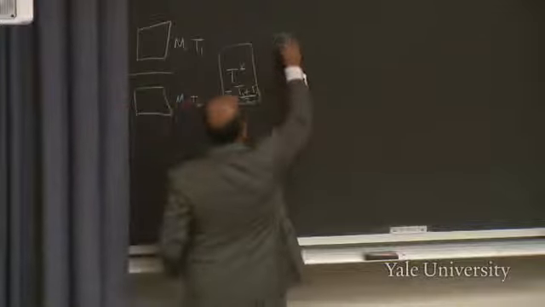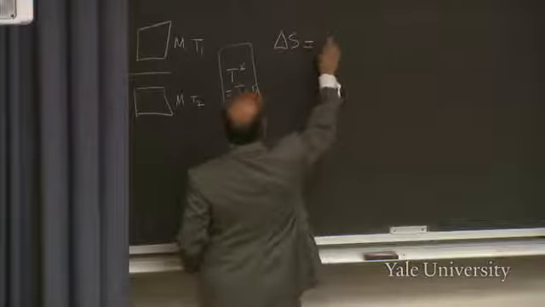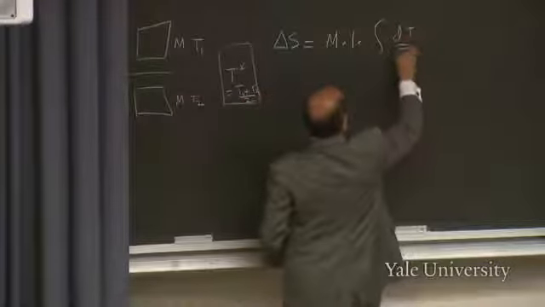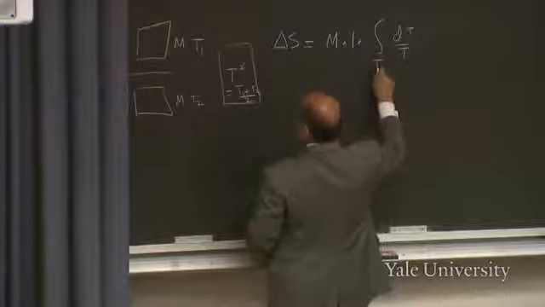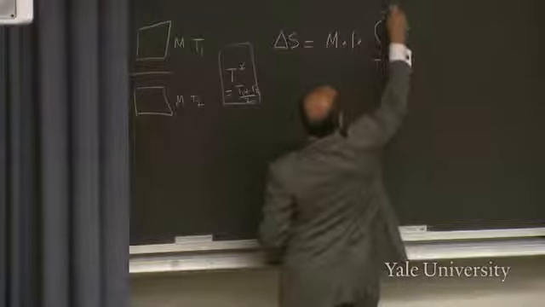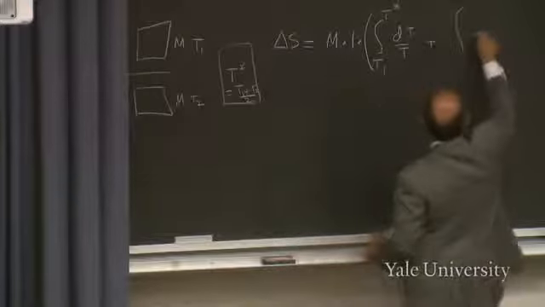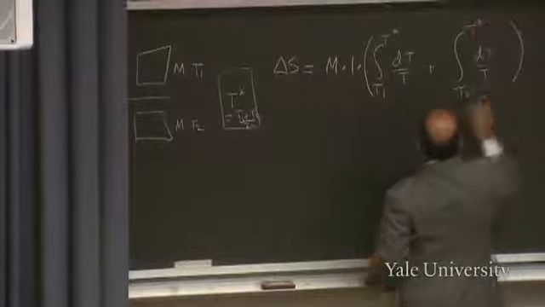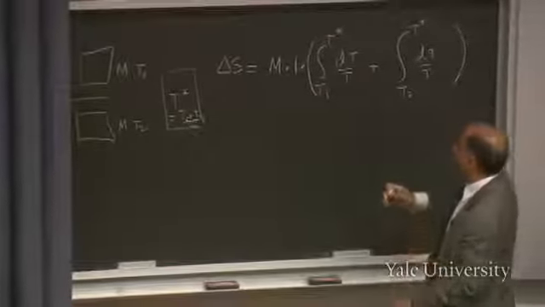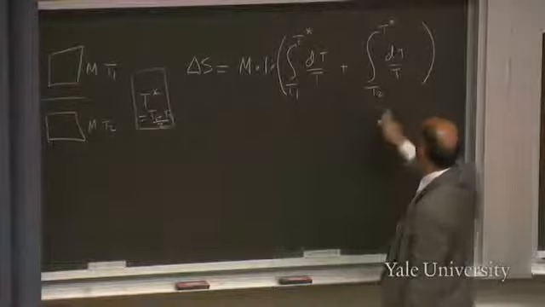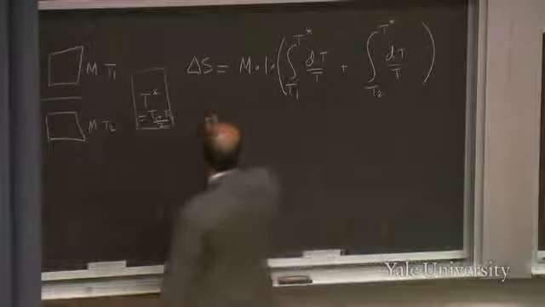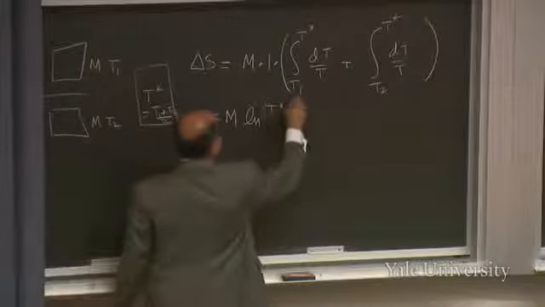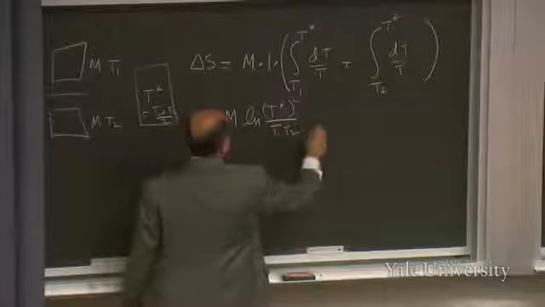Then the delta S total will be M, specific heat is 1, then dT over T, from T1 to T star for one thing, and dT over T from T2 to T star for the other one. Do you understand that? They both meet at T star. Upper limit is T star, lower one is T1 for one and T2 for the other. So the change in entropy becomes M log T star squared over T1 T2.